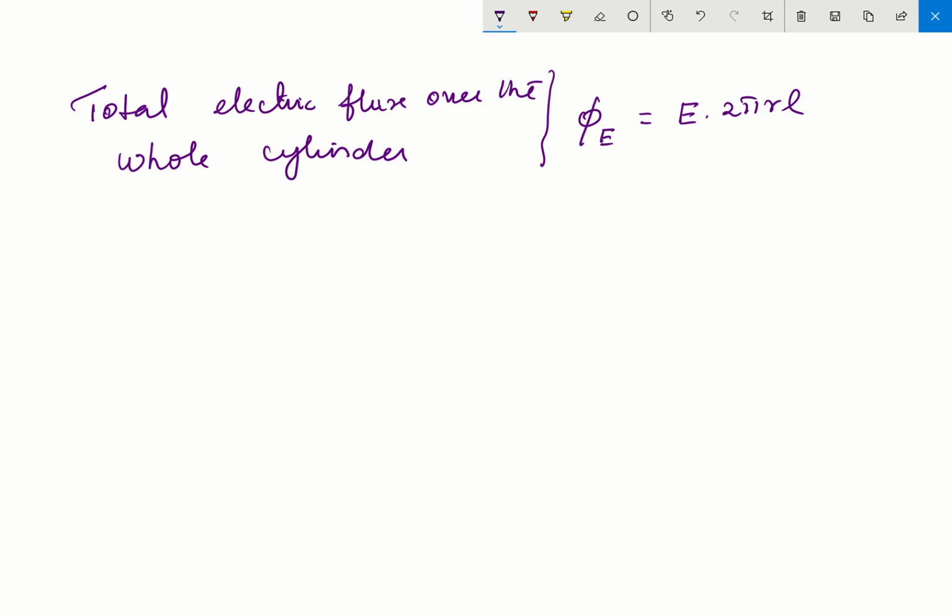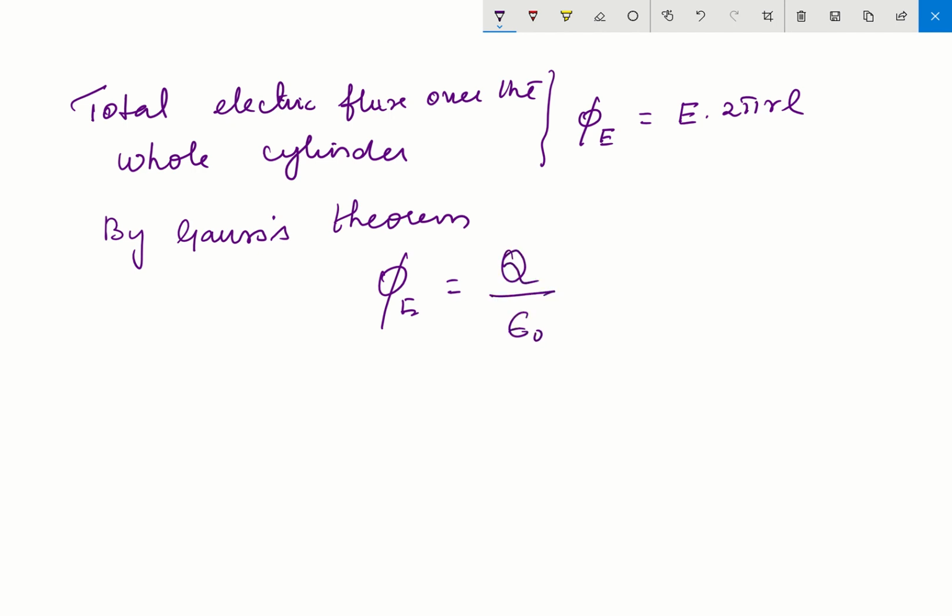Now, according to Gauss theorem, phi E is equal to the total charge enclosed divided by epsilon naught. Now we want to find Q here. What is Q?